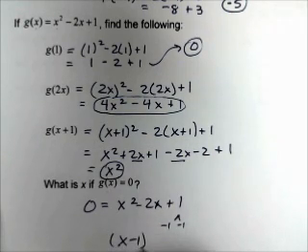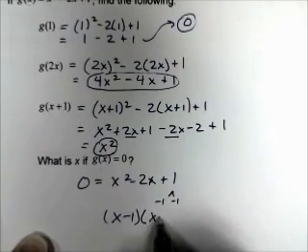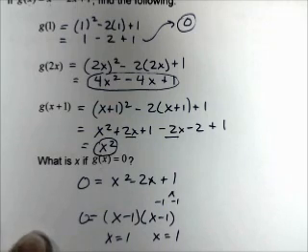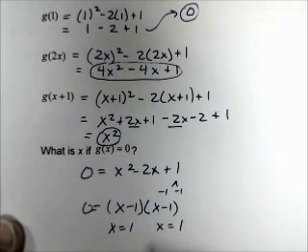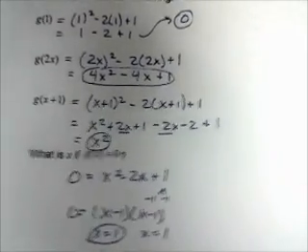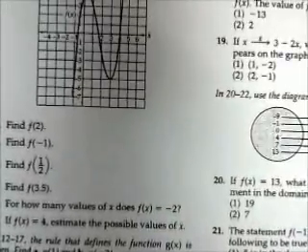So this factors into x minus 1 times x minus 1. And then set each factor equal to 0. We usually skip that, go right to our answers. So what is x if g of x equals 0? x is 1. Now we have some more problems on page 6.